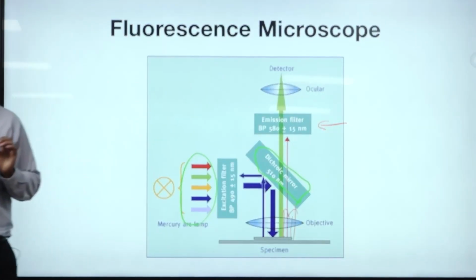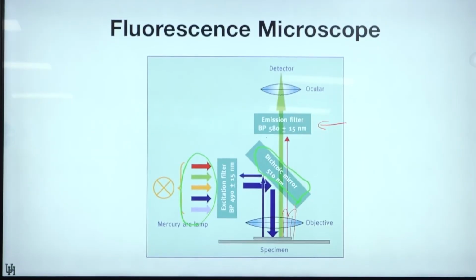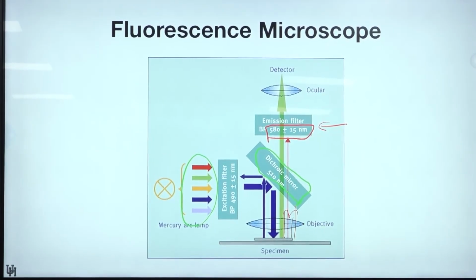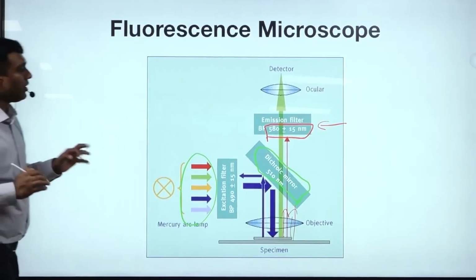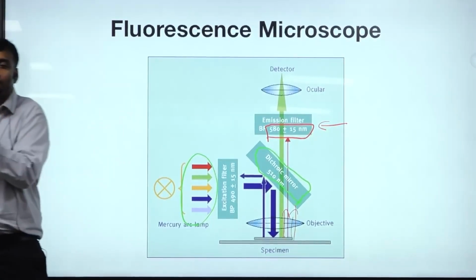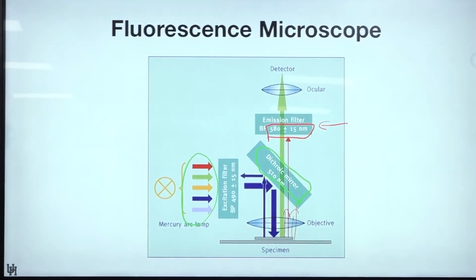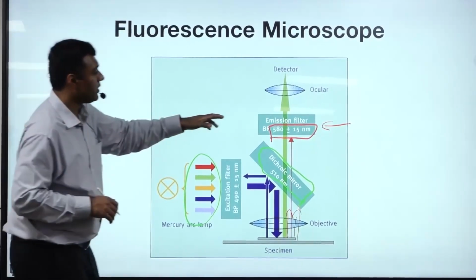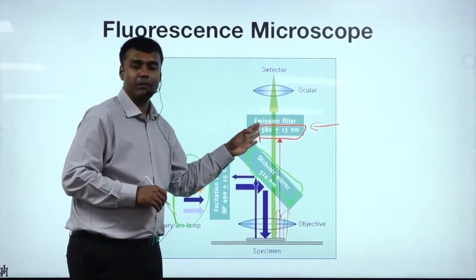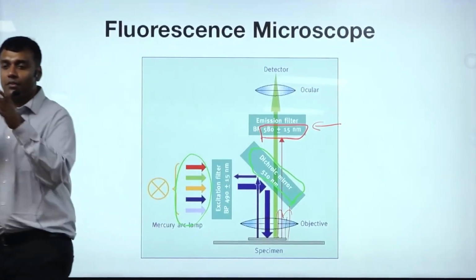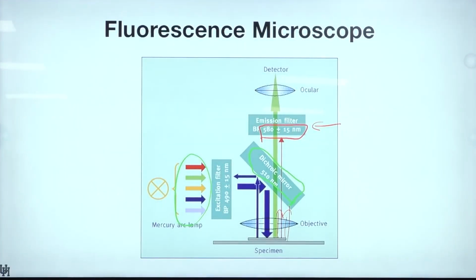But you only want to look at 580 plus or minus 15 nanometers. So how do you choose this set of wavelengths? You put what is called an emission filter, a band pass filter, BP, which only allows that range of wavelengths to go through.